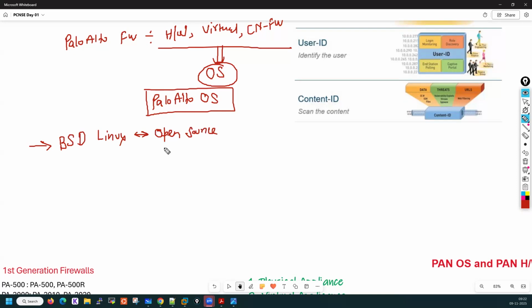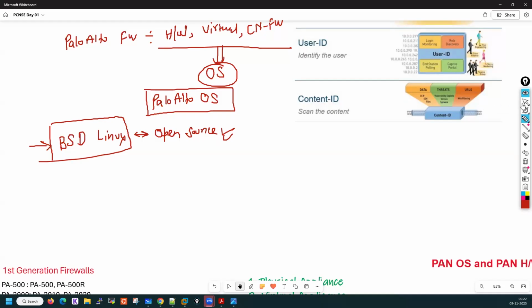Open source means the actual source code of this particular operating system, BSD Linux, you will get over the internet. That is open source. And most of the Linux flavors are open source. Like Ubuntu is not, so it's a proprietary one. Red Hat has two flavors. One flavor is open source, and another flavor is not free.